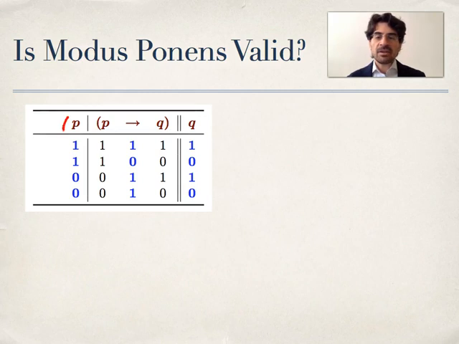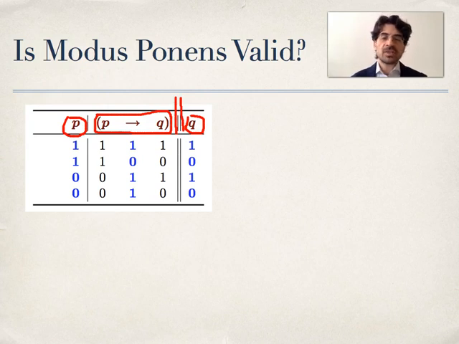We list first the premises, so P and P implies Q are the two premises, and then the conclusion Q, and we separate the premises and the conclusion in some way that is visibly apparent, for example, by this vertical double line. And then we assign all possible valuations to P and Q.